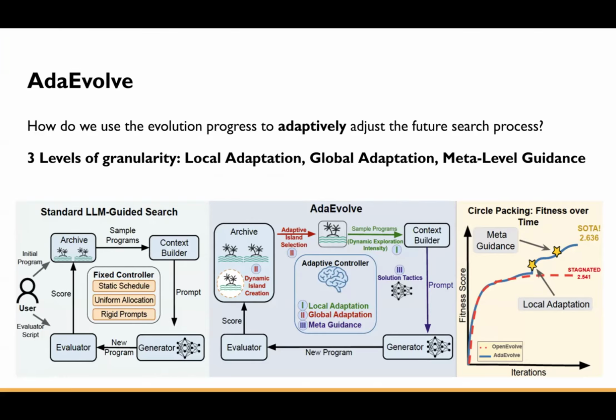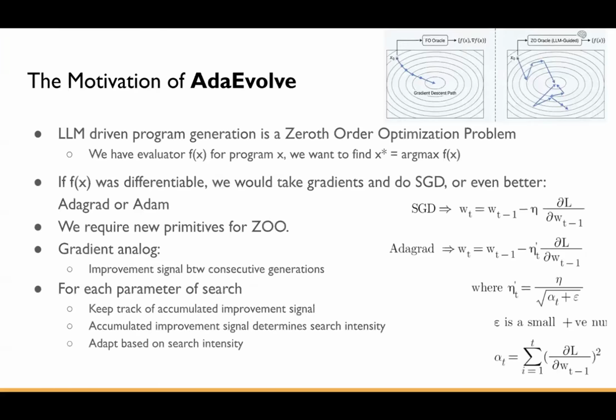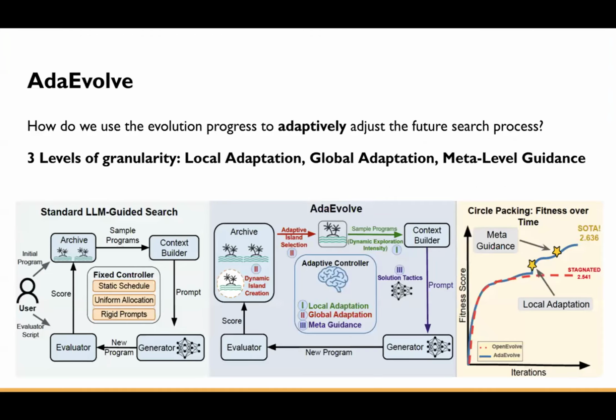To go over them briefly, local adaptation asks the question: given a population of candidate programs, which parent should we sample? And it does exploration and exploitation adaptively. Global adaptation asks: in order to introduce diversity to our population of programs, we partition our programs into subpopulations that we call islands.